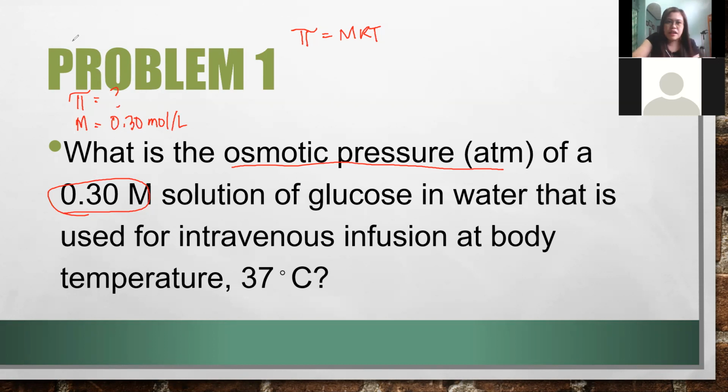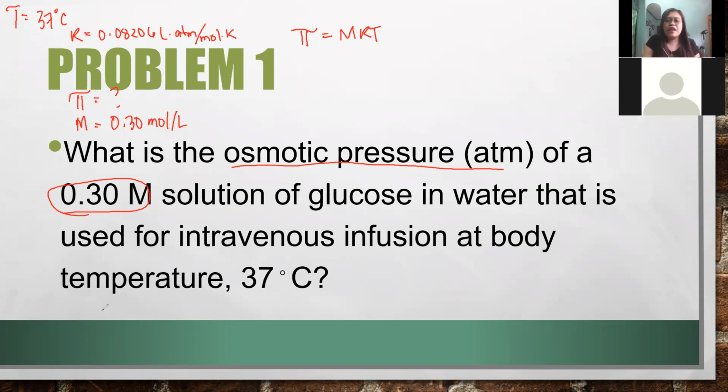Let me write it here: 0.08206 liter ATM per mole K. Okay. And the temperature now is 37 degrees Celsius. Before tayo mag-compute, I told you a while ago that the temperature should be in Kelvin before moving on with the computation.